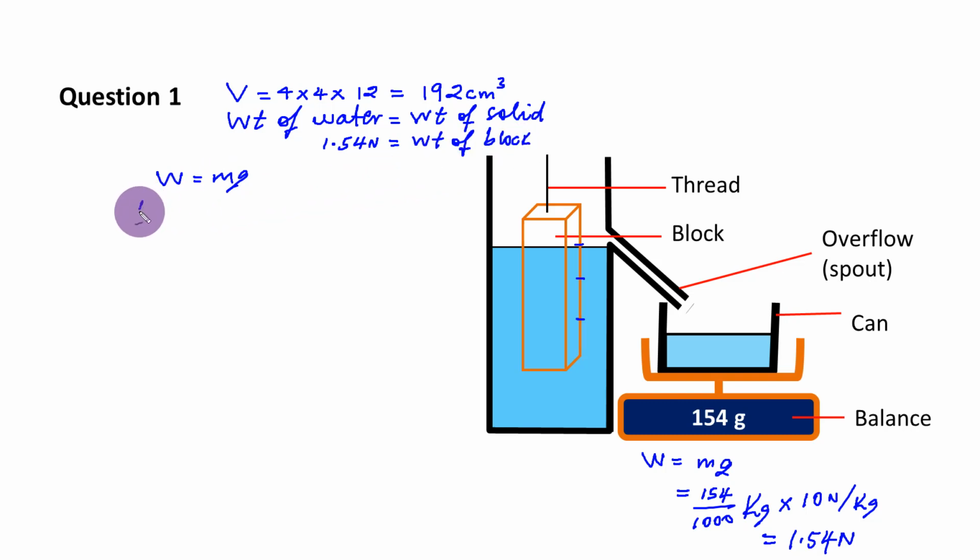Since I know that its weight is 1.54, m is there, and g is 10, I would be able to see that the mass of this block is equal to 0.154 kilograms. And you find that it is the same as 154 grams.